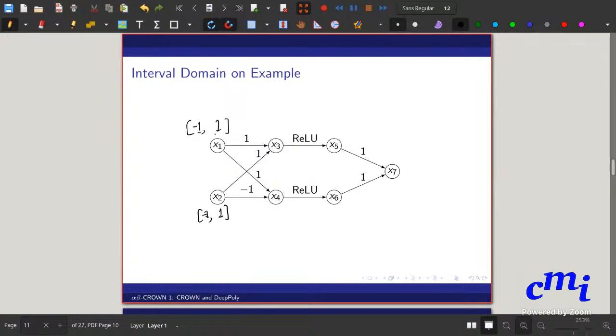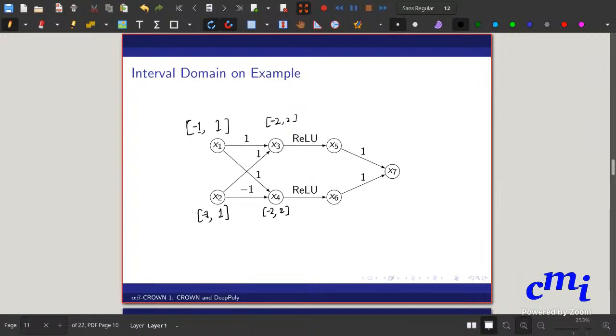Then what is the interval that x3 is going to be in? x3 is x1 plus x2, so it's going to be within -2 and 2. Similarly, x4 is x1 minus x2, so it's also within -2 and 2. So x3 and x4 are now going to be within -2 and 2.